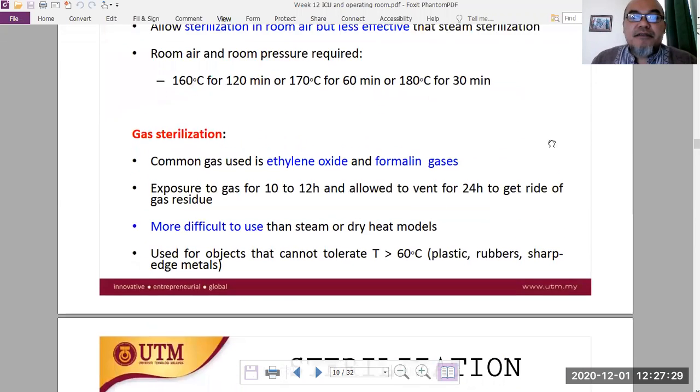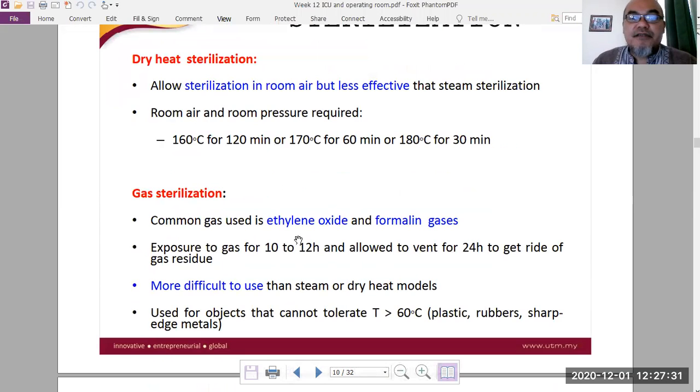Then another sterilization method is gas sterilization using ethylene oxide and formalin gases. These are actually dangerous gases for humans. Exposure to the gas is for 10 to 12 hours, and then it is allowed to fan for 24 hours to get rid of the gas residue. This is more difficult to use than steam or dry heat sterilization.